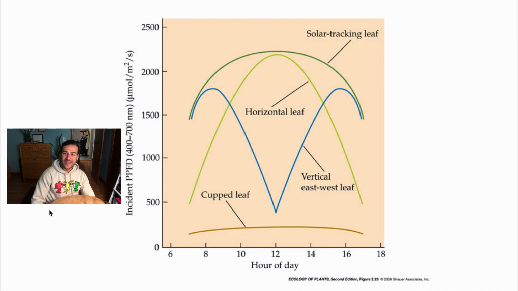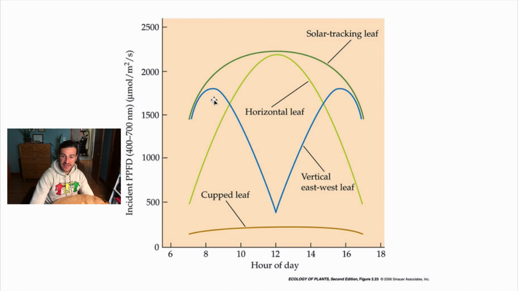So there are all these leaf adaptations that we see in different biomes. In biomes that are really light limited, you are going to see some solar tracking leaves, so leaves that actually follow the sun throughout the day.